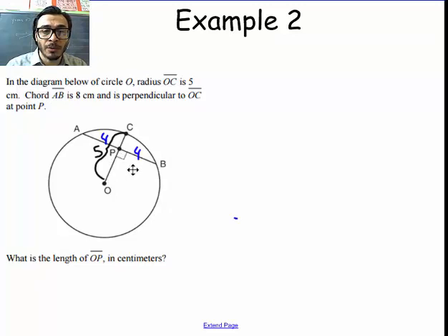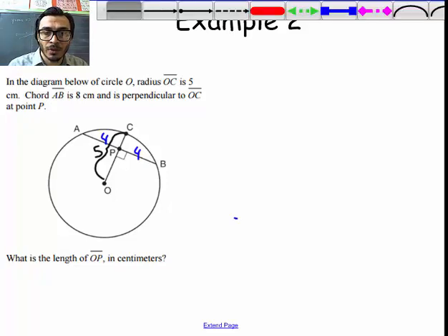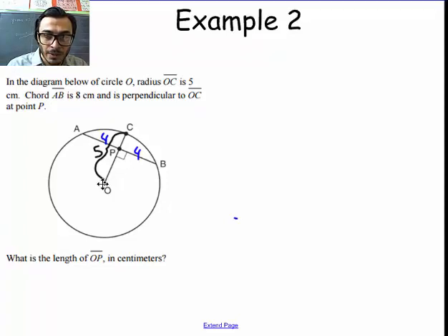So we are supposed to find OP. Well, the other guideline says to draw a radius. So I'm going to go ahead and draw a radius from here to here. And of course, OB is 5 because the radius is 5, right? So OC is equal to OB.